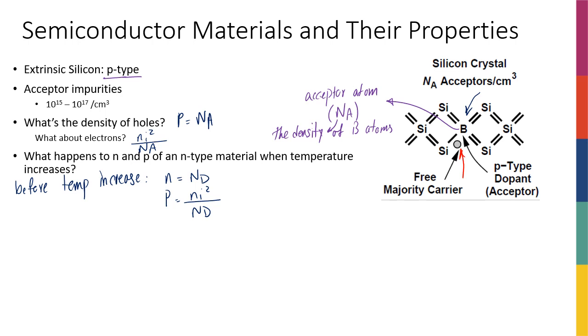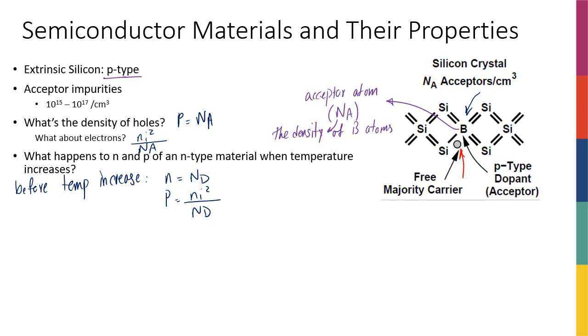I hope all of you have tried this and have thought about it. So if you think about it, when I increase the temperature, I'm going to have more of these electrons that are stuck to the covalent bonds break away, right? So I'm going to have more and more free electrons that are the result of the breakdown of a covalent bond, not because of the impurities that I've added.